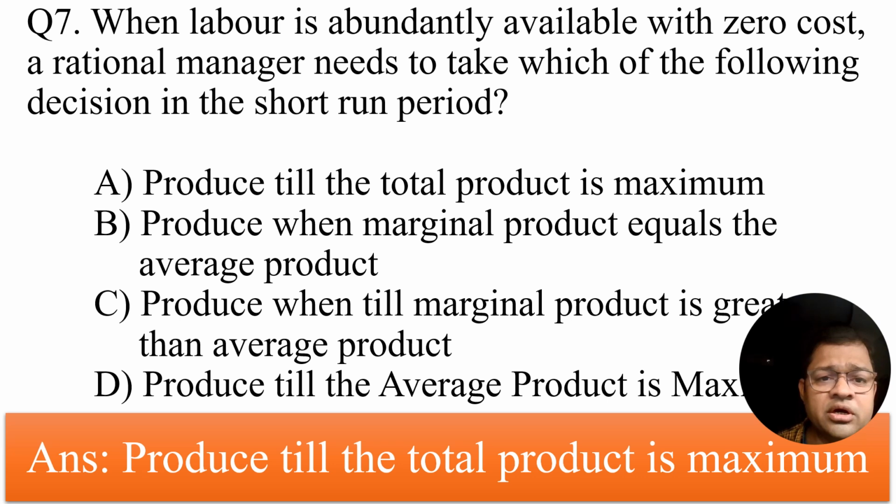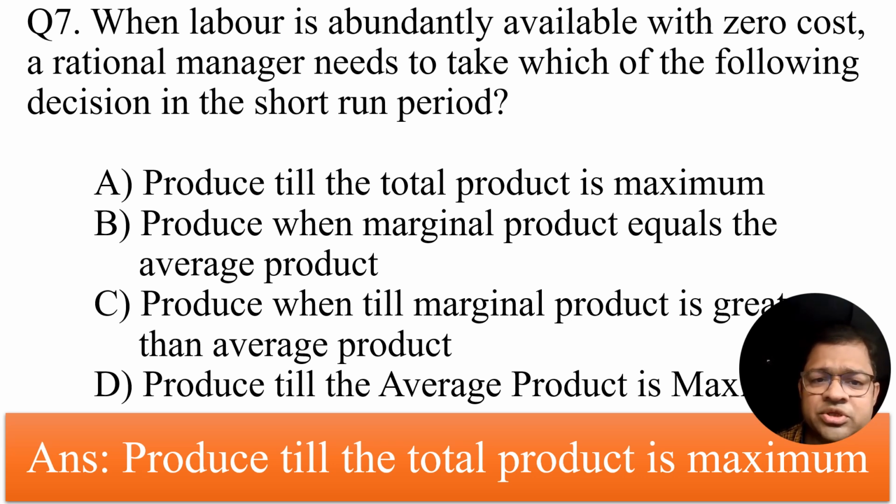But the other choices have their own importance. When you think about increasing the productivity of your organization, you always think that your average product needs to coincide with your marginal product. But when a particular labor input is very scarce, very difficult to find, you will try to keep marginal product just higher than the average product and then stop your operations.